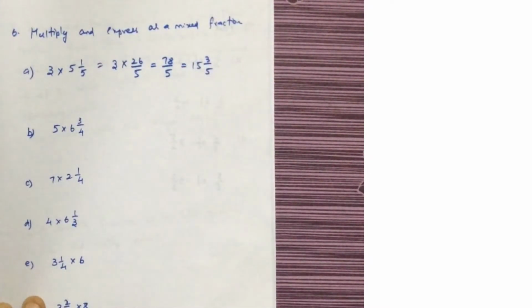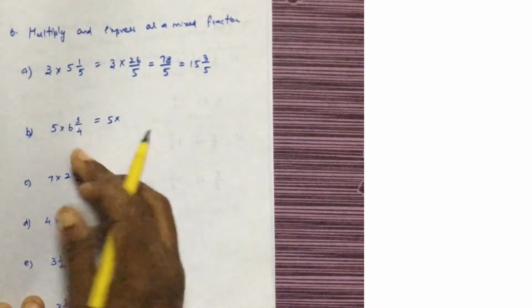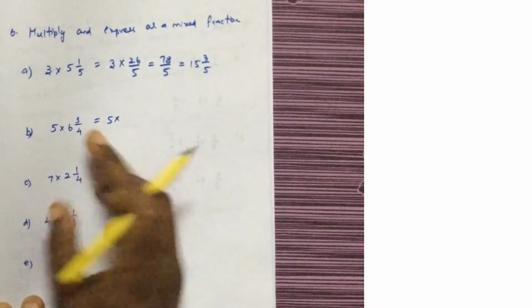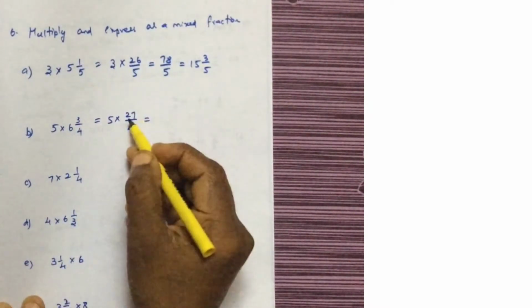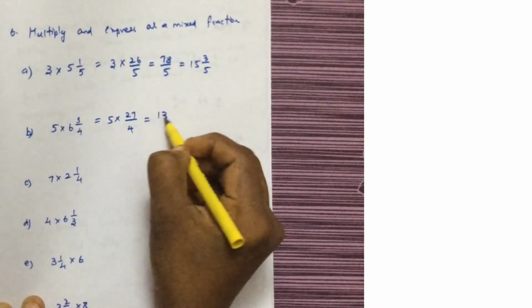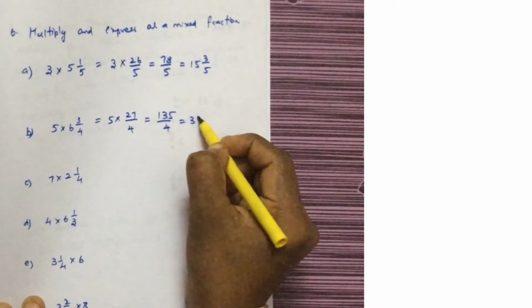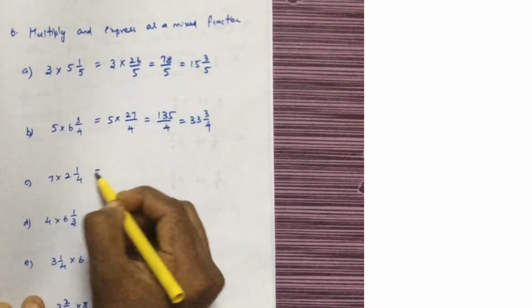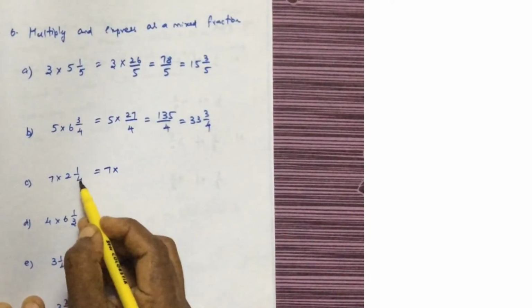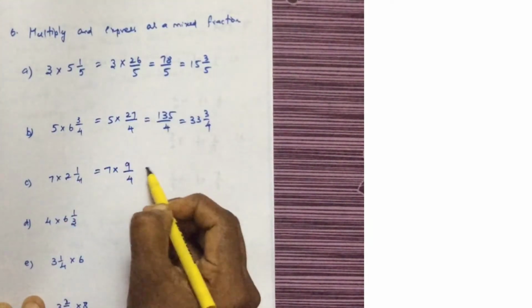Okay, next thing 5 multiplied by, this is 6 multiplied by 4 24 plus 3 27 by 4. So 27 multiplied by 5 is 135 divided by 4, that is equal to 33 3 by 4. Here 7 multiplied by 4 multiplied by 2 8, 8 plus 1 9 by 4.